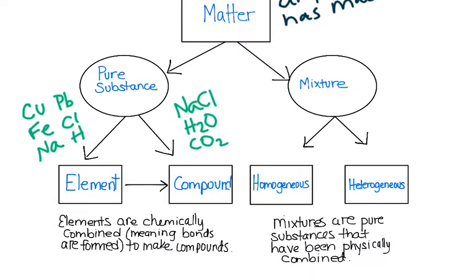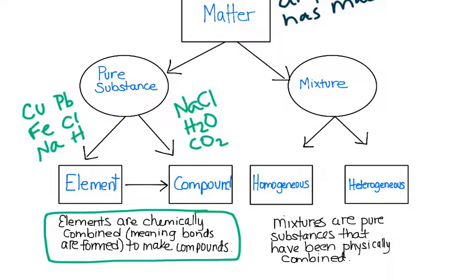Just keep in mind, elements are chemically combined to form compounds. And what that means is that chemical bonds form between the elements that make up that compound. And as you know, those bonds are either ionic or they're molecular, and we'll talk about those more later.